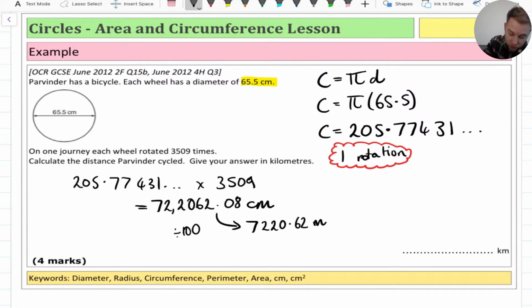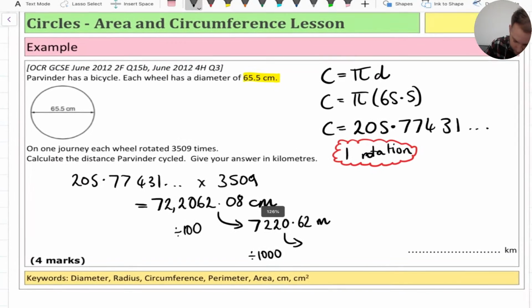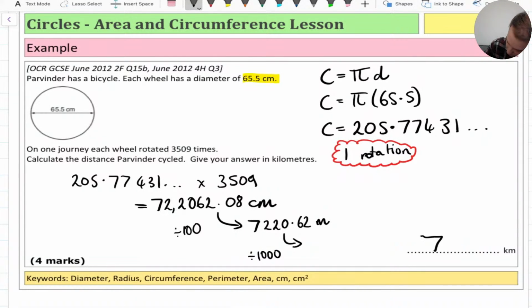And then if I want to turn it into kilometers, I need to divide by 1,000, which is going to be 7.2 kilometers. Brilliant. Super. So get that down in your notes. We've got one more exam question to go through, I think. Might be two, actually. And then we're going to have a go at some ourselves.